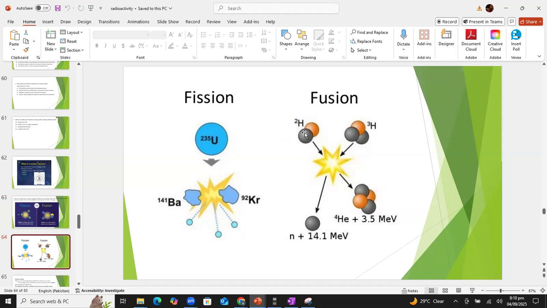So we have to supply heat energy to fuse these two nuclei. Once they have fused, they form a heavy nucleus, which is helium, with a release of a high amount of energy. So fusion is an endothermic reaction as well as an exothermic reaction.